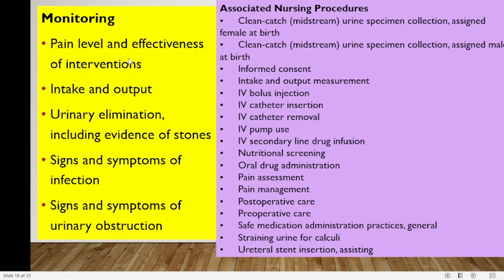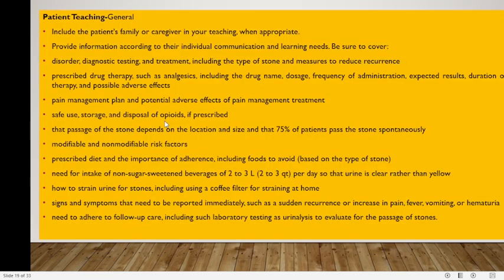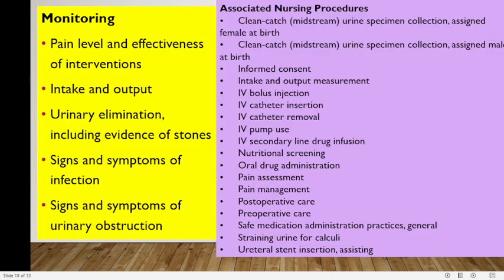For the pain scale, we are going to intervene based on the value and how the patient is able to describe pain. We need to monitor urine elimination, including evidence of stones. We need to look at the signs and symptoms of infection and signs and symptoms of urine obstruction.